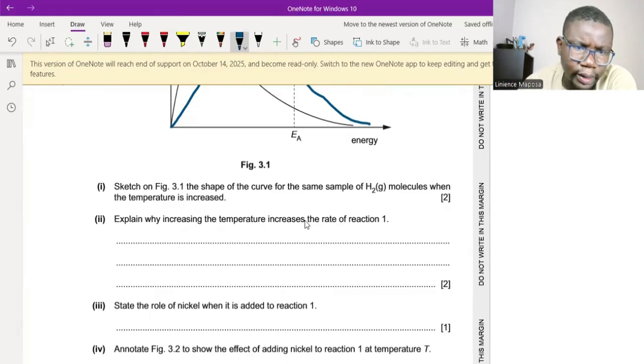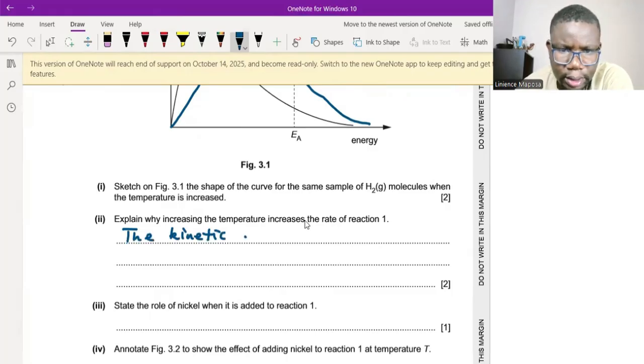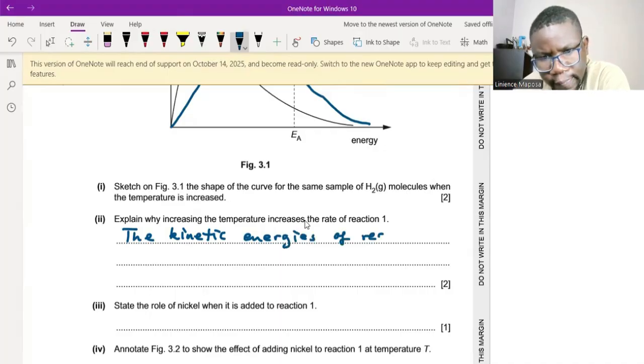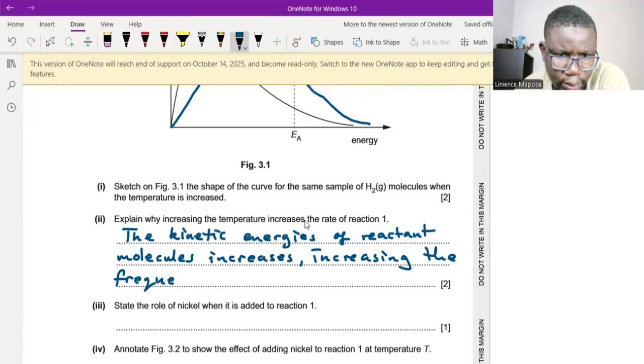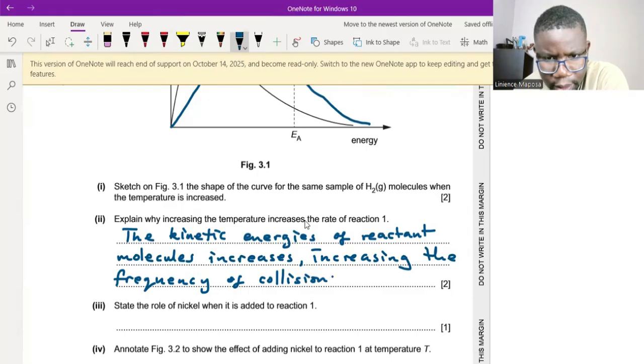The kinetic energies of reactant molecules increase, increasing the frequency of collisions as molecules move faster.